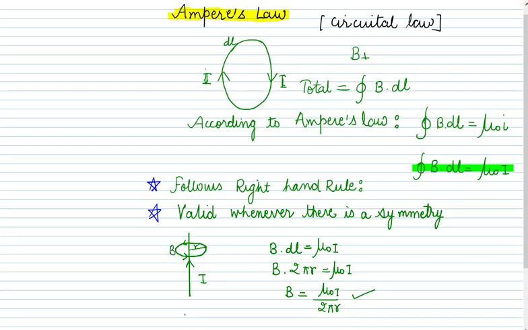So again, you can employ your right hand rule here. The folded fingers show the direction of magnetic field, and your thumb points upwards in the direction of the current flow.